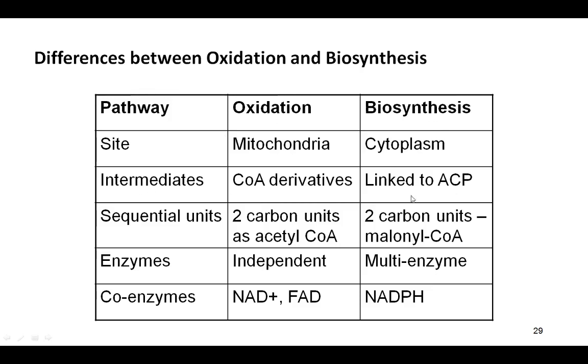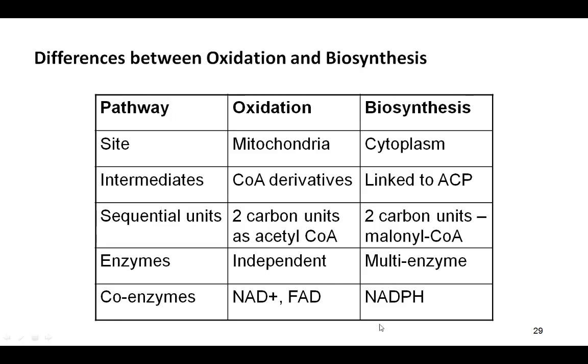In biosynthesis, the intermediate is linked to the ACP. Those malonyl coenzyme A and acetyl coenzyme A are linked to acyl carrier protein. Here, in oxidation, the intermediates are coenzyme A derivatives. Sequentially, a two carbon unit is released as acetyl coenzyme A, but in biosynthesis, the two carbon unit gets attached and comes from malonyl coenzyme A. Here all the enzymes are independent.